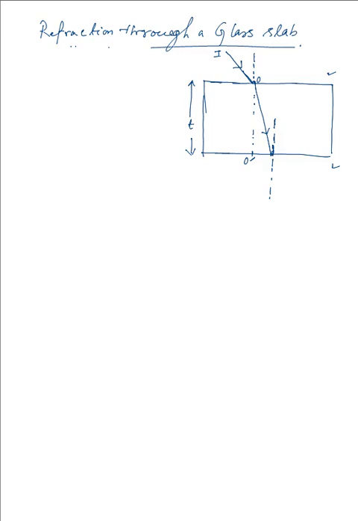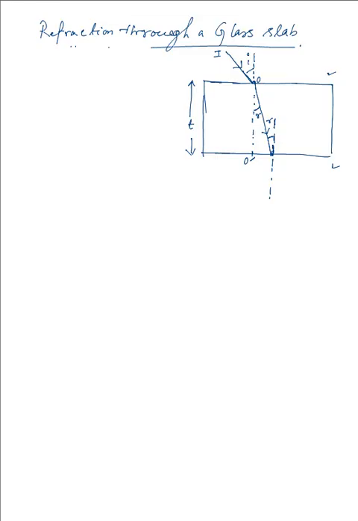Now, if this is the angle of incidence that we have in the first medium, in the glass medium, there is an angle of refraction, of course, and then there is another angle of refraction over here, and for the same angle of refraction we'll have the same angle of incidence when we come back to the first medium.